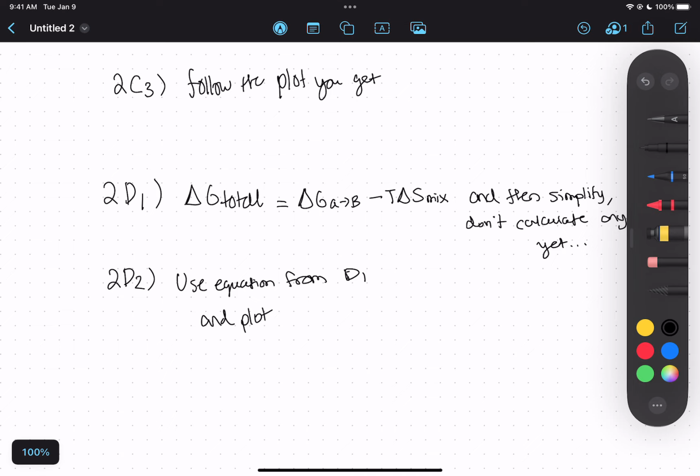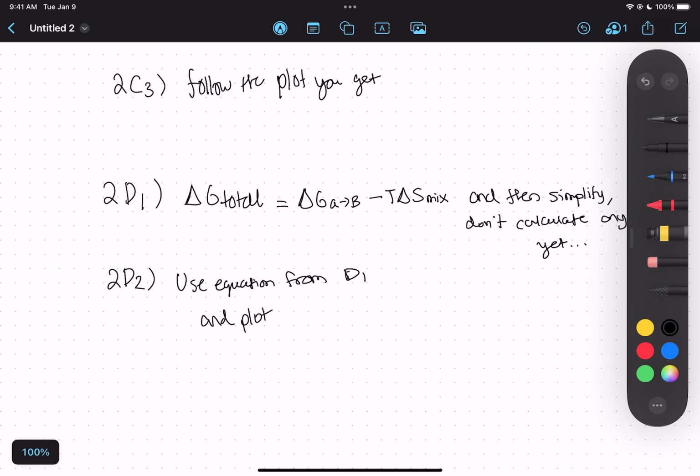So if we look at things from before, we determined that when the Gibbs free energy is at a minimum, that's when we're at equilibrium, right? So in this case, you would essentially just be looking at where your Gibbs free energy is at a minimum, and that would be when the system is reaching equilibrium.